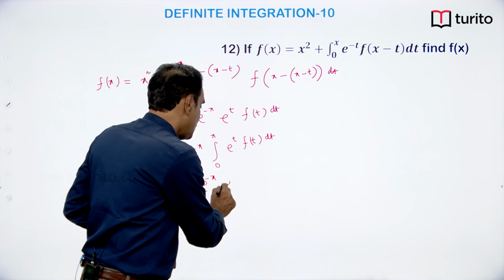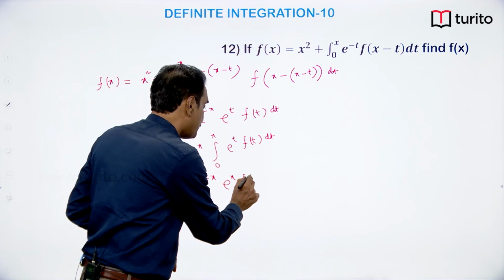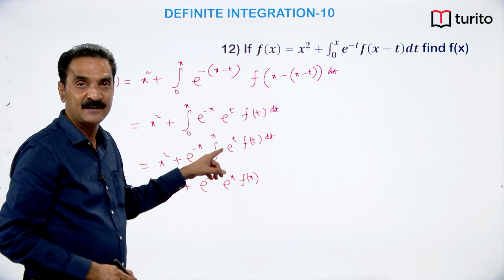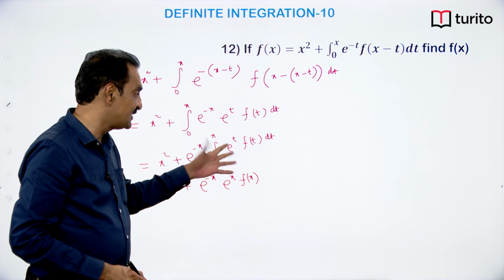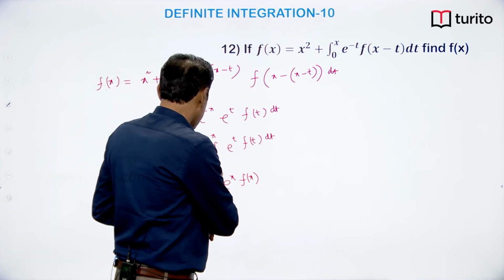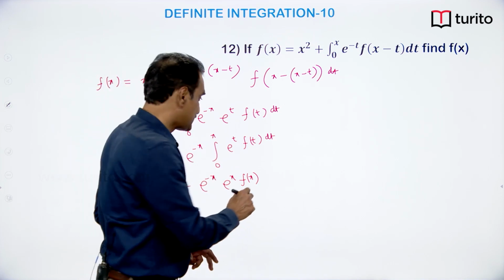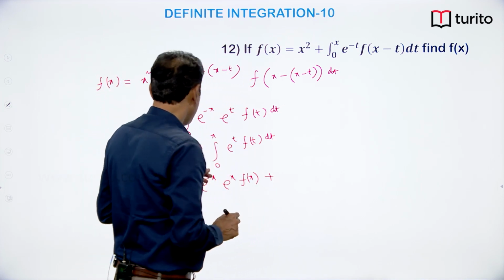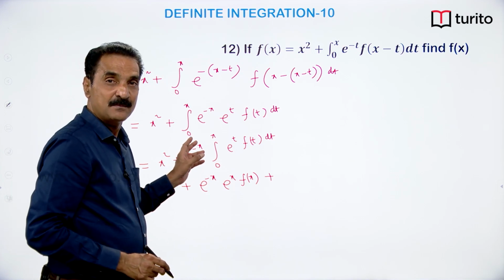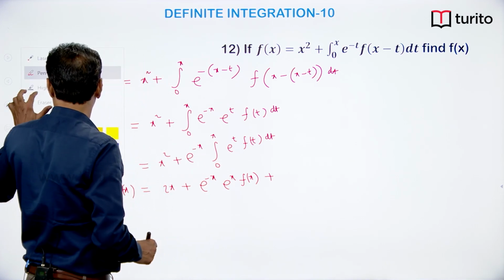You will get e power x into f of x. Substituting upper limit and multiplying by derivative of x, that is 1. Lower limit is 0, so no need to subtract anything. This is u v dash plus u dash v. What is the derivative of e power minus x? It is minus e power minus x.